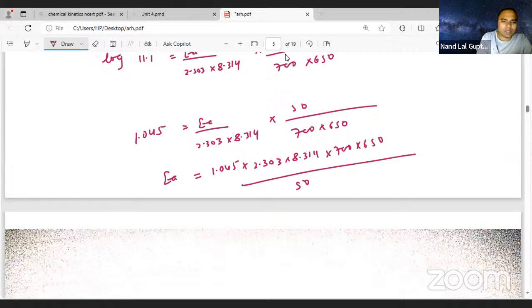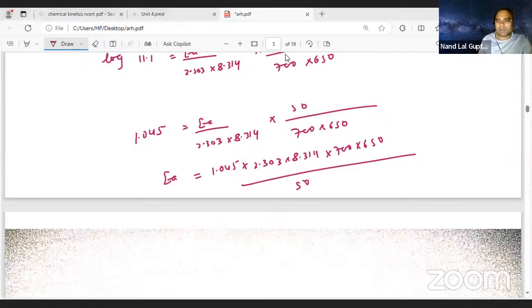So let us do the calculation. 1.045 multiplied by 2.303 multiplied by 8.314 multiplied by 700 multiplied by 650 divided by 50.